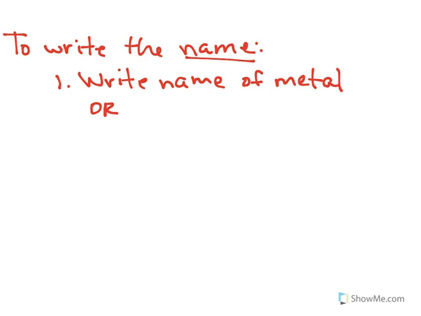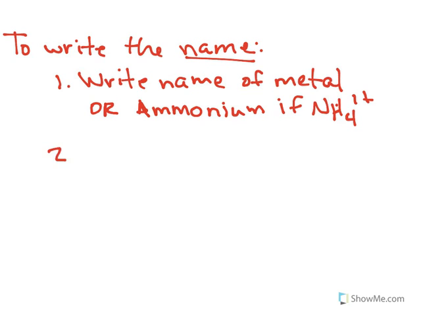So here we're going to add ammonium if you have NH4. So there is one positively charged cation that's a polyatomic. It's ammonium. It's NH4 1+. That's the only time it's not going to be the metal. So you're either going to say name of the metal or you're going to say ammonium if you have the NH4.